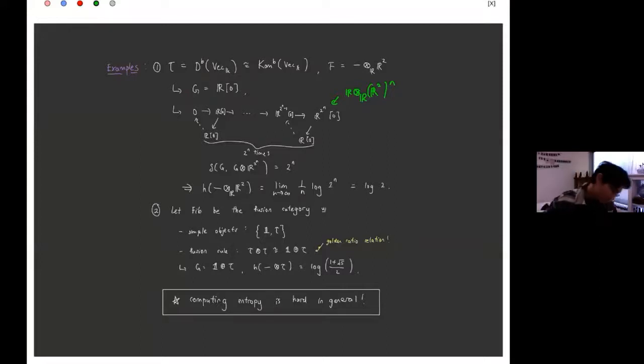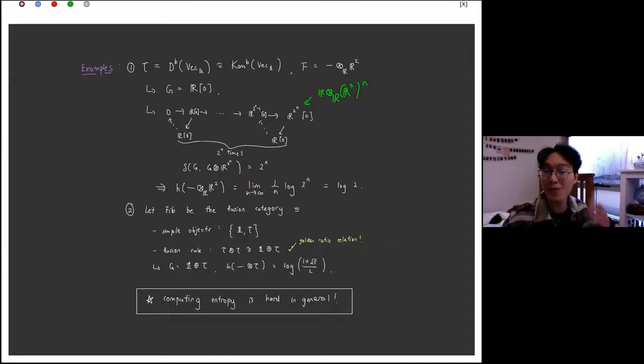And so it's easy to see that in this case, the complexity, or the minimal length of the filtration, is exactly how many pieces of R I have in my complex, up to grading shift.